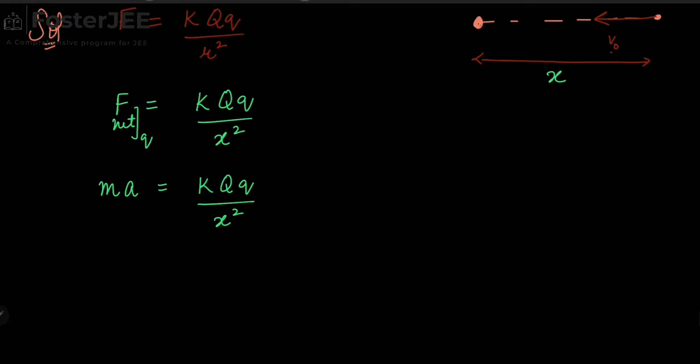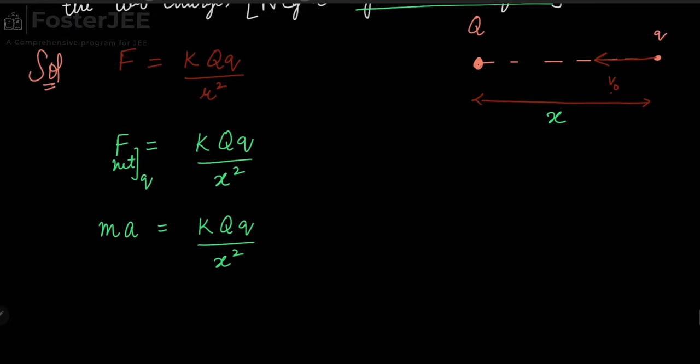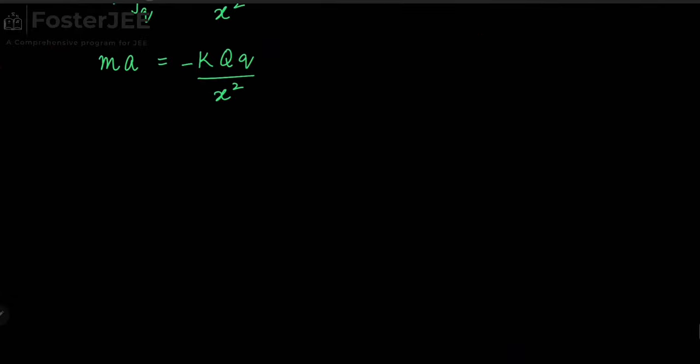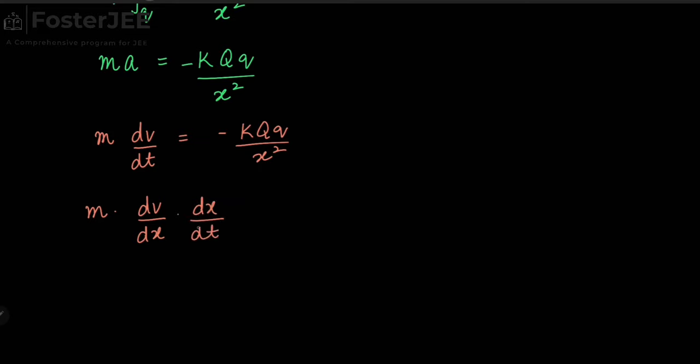For proper calculation, since the force is repulsive, we will assign a negative sign to it. Acceleration can be written as dv by dt equals minus kqq by x square. Using the chain rule of calculus, we can write this as dv by dx times dx by dt equals minus kqq by x square.